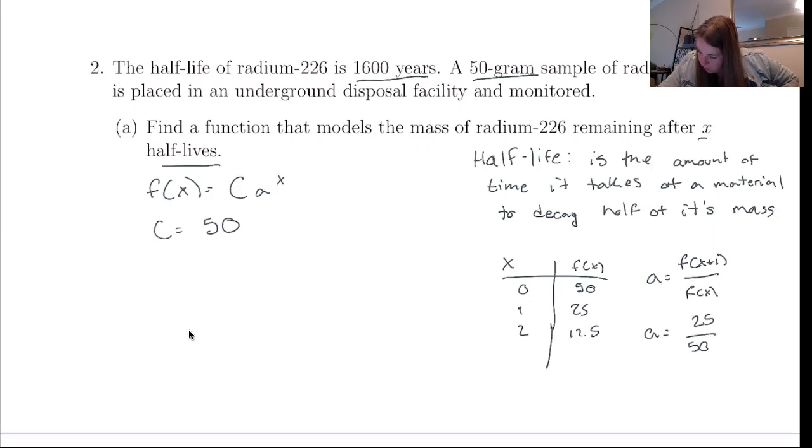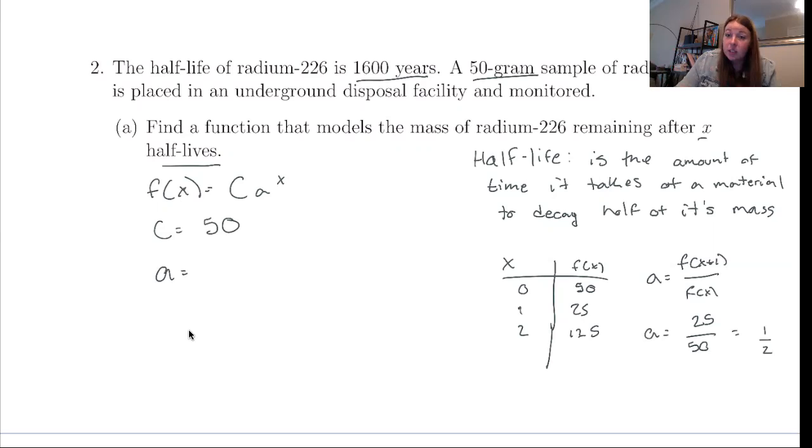We also could have done 12.5 over 25. And that's just 1/2, which makes sense. Half of it is going away. So R would be negative 50%. 50% of it's going away. Add 1 and you get 1/2. So that's cool. With half-life, oftentimes, when x is in half-lives, A is going to be 1/2.